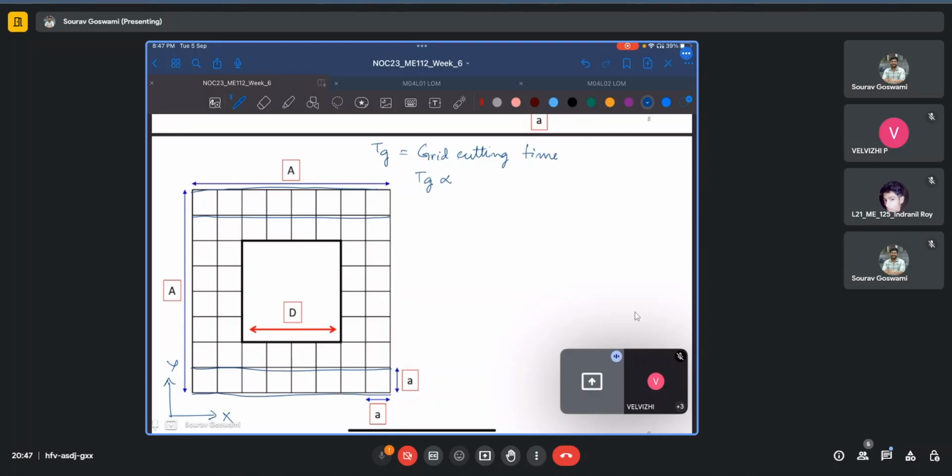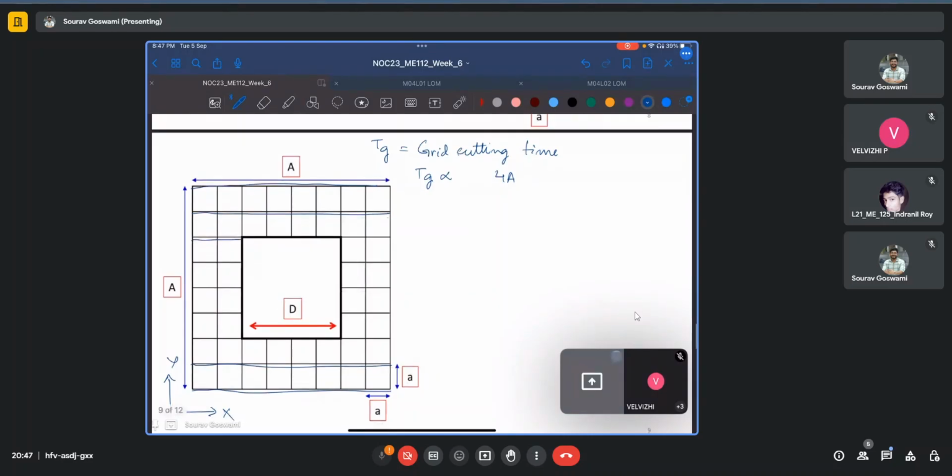So I can write 4A. There are also some other portions which have to be cut, which correspond to the grid lines in the x direction: 1, 2, 3, 4, and 5. Similarly, on the other side, 6, 7, 8, 9, and 10.